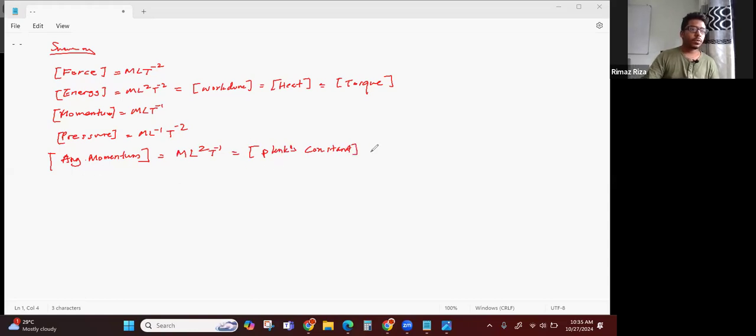If, when going through other lessons, you find a quantity that has the dimension of pressure, you can put it here. Stress has the dimension of pressure, because stress is force over area, which you study in the mechanical properties of matter, in the elasticity unit.